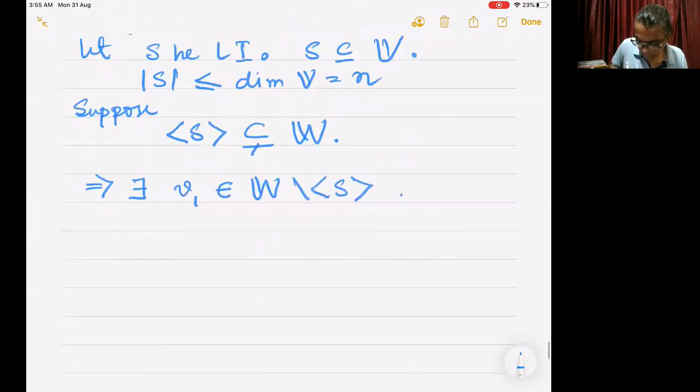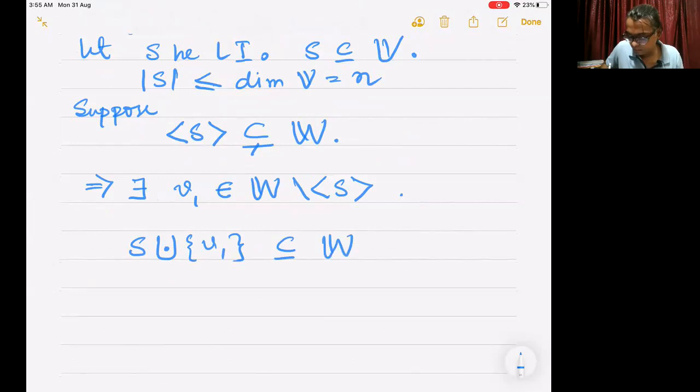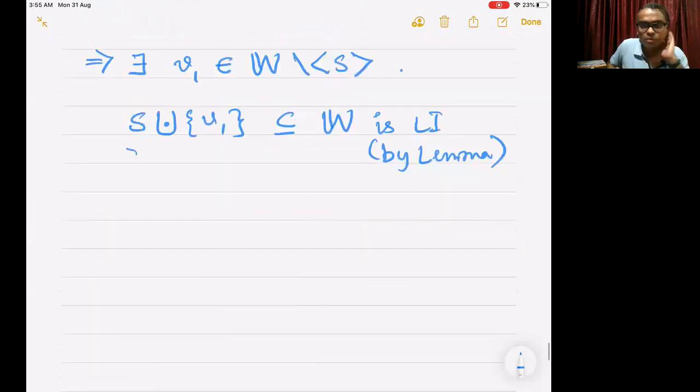Now consider S disjoint union with V1. Yeah, this is a subset of W, and the earlier thing will apply to this, and this will also be linearly independent by the lemma that we have just proven. So this we'll consider as our new S, and we once again check if S disjoint union V1 is equal to W or not.